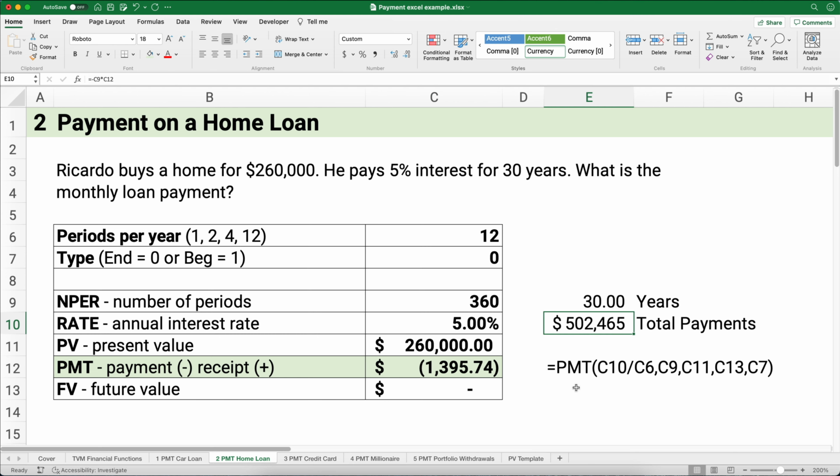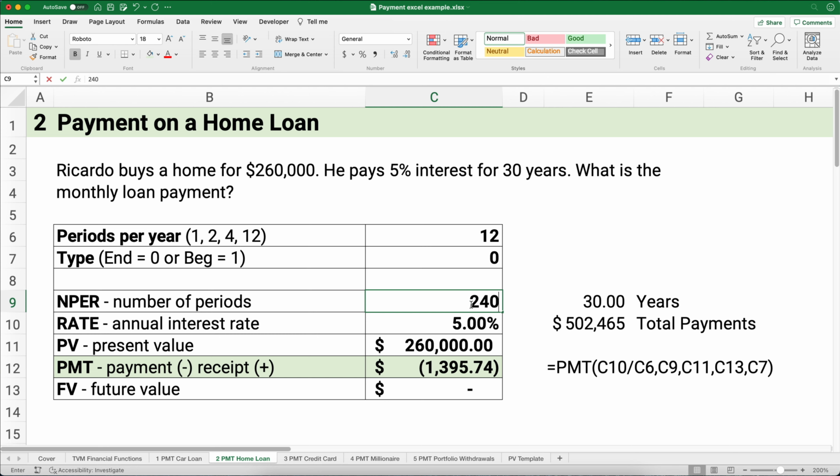Now, how much total are you paying? Well, 360 times that $1,395, you're paying $502,000 over the 30 years. So you might say, hey, that's a lot. What if I only pay it over, instead of 30 years, what if I pay it over 20 years?